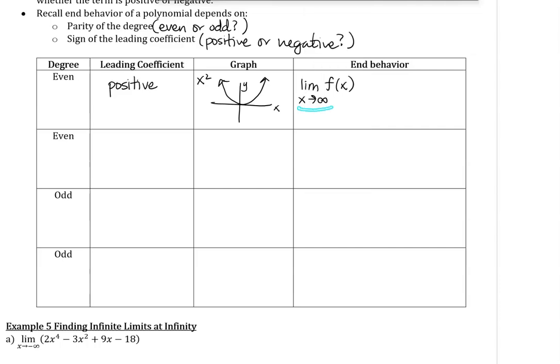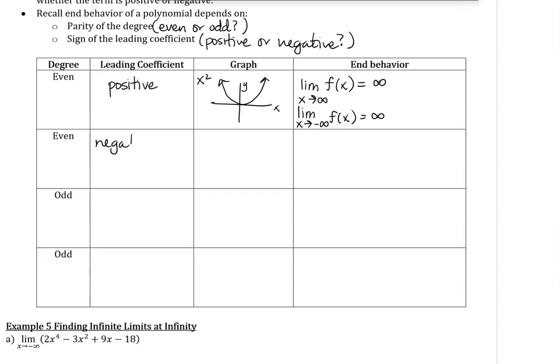As x goes to positive infinity, all the way to the right of the graph, this limit goes to positive infinity because that graph is shooting up. Similarly, as x goes to negative infinity, as x decreases without bound off to the left of the function, the graph is also shooting up to positive infinity.